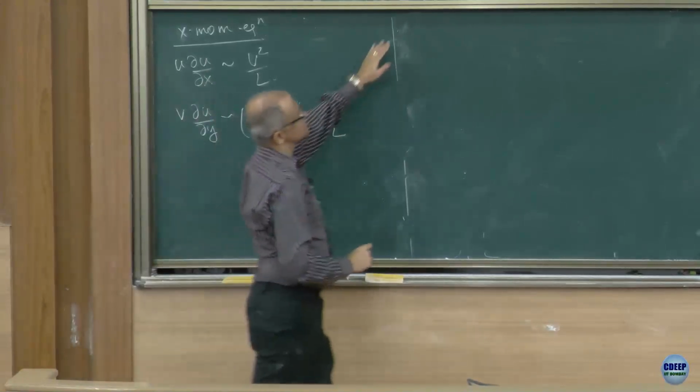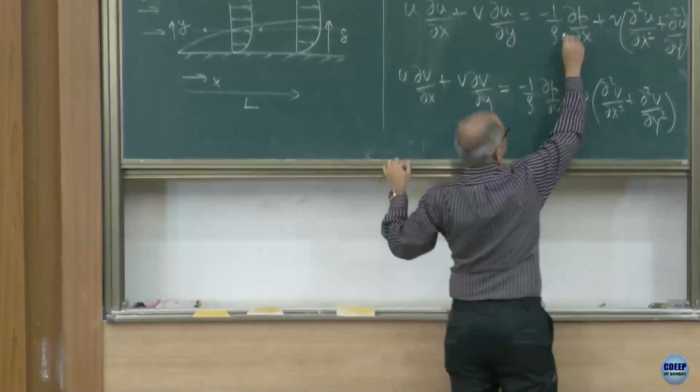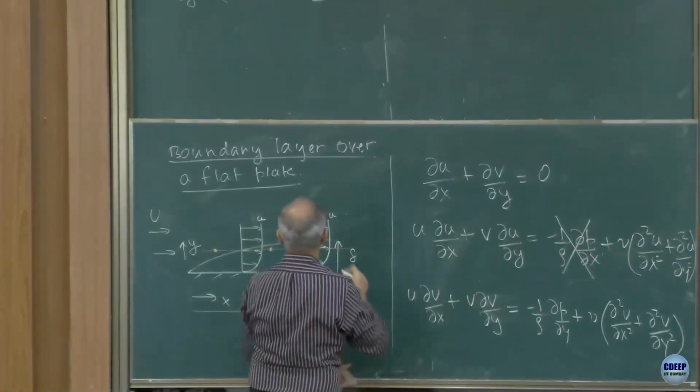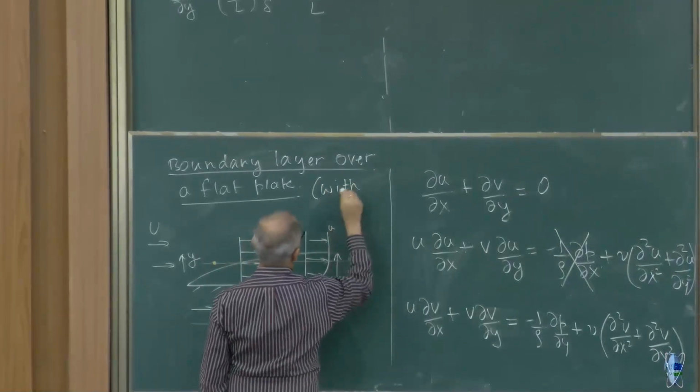Now we will take the case when the pressure has not been applied, so we will not consider this term. So this is without an imposed pressure gradient, with no imposed pressure gradient.